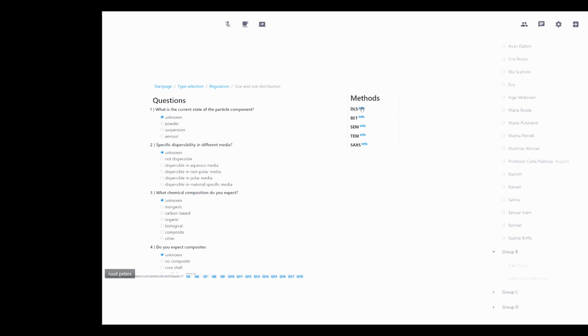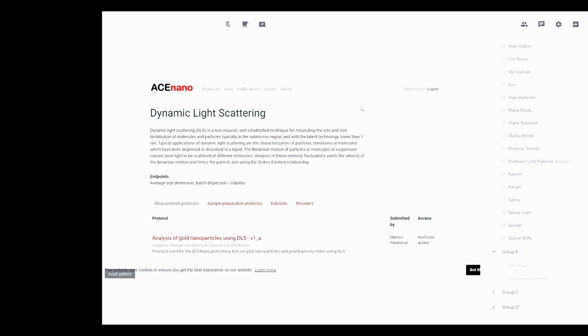But I can show you, if you click on DLS like here, you move over to the data warehouse, the knowledge data warehouse that is in ACEnano, and you get some information about dynamic light scattering, a description of how it works, what the endpoints are, but there are also measurement protocols involved already, which you could have a look at to see how it is done.